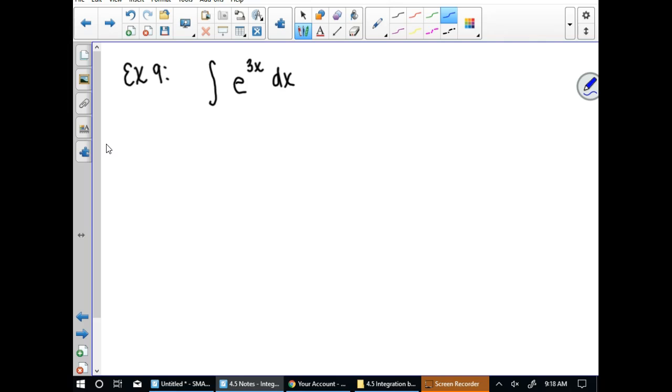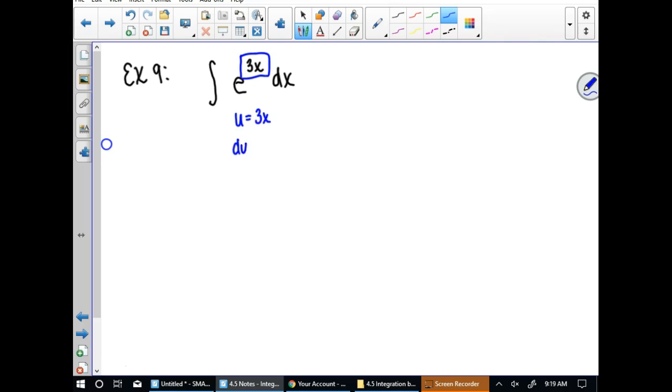So in this case, we know the derivative of e to the x is e to the x, right? The integral of e to the x is e to the x. But when you have something besides the x up here, you're going to have to do a u-substitution. Just like if you're taking the derivative of e to the 3x, you'd have to do a chain rule, right? So our u here is going to be 3x.